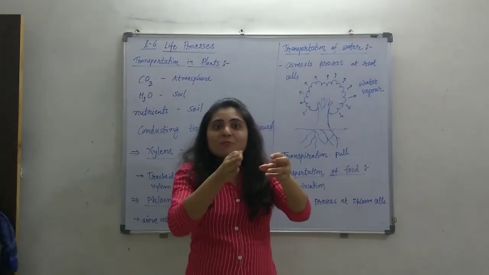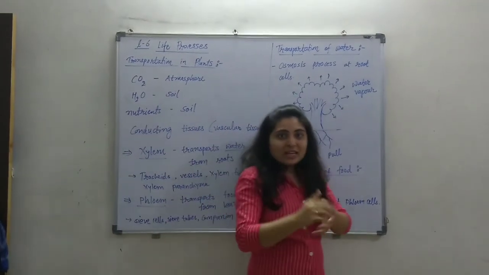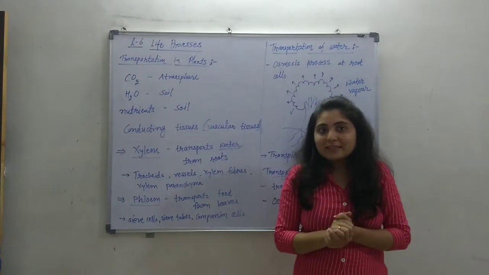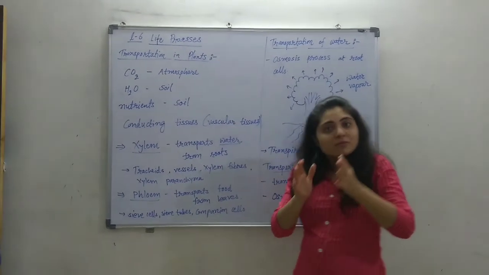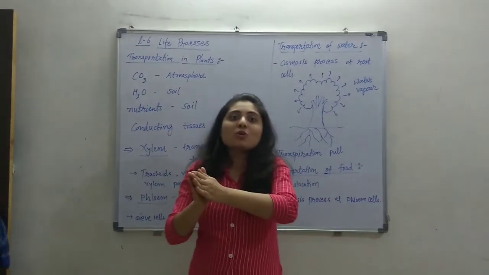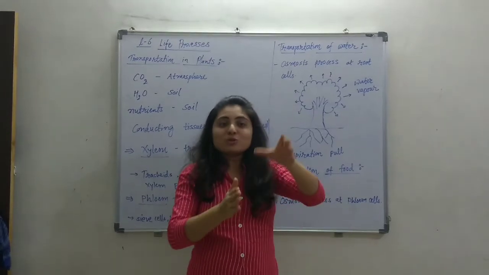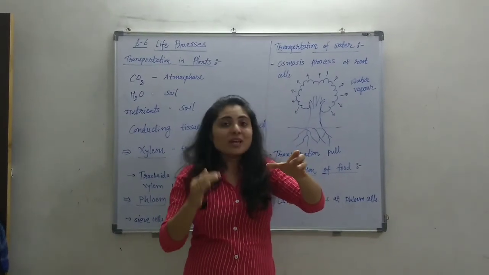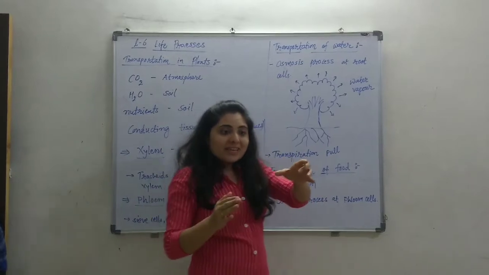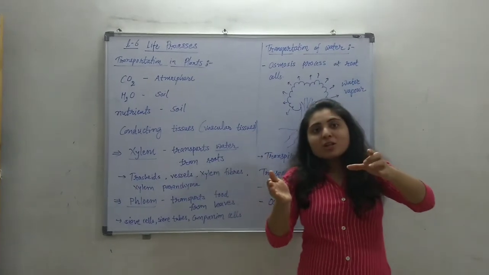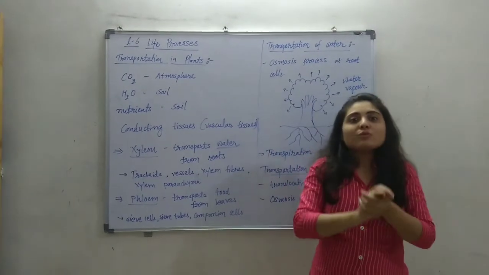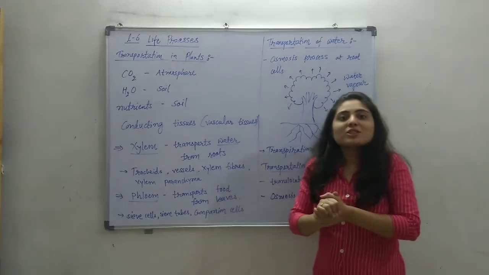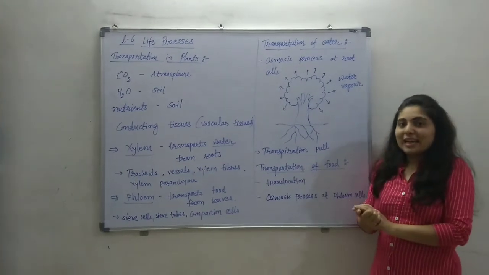And beside that, the xylem cells are present, which have water inside them. So water will move from low concentration to high concentration, because the sugar in the phloem is more, while the sugar in the xylem is very less. So we can say that the water will move from xylem to phloem. So this osmosis process is occurring between xylem and phloem.